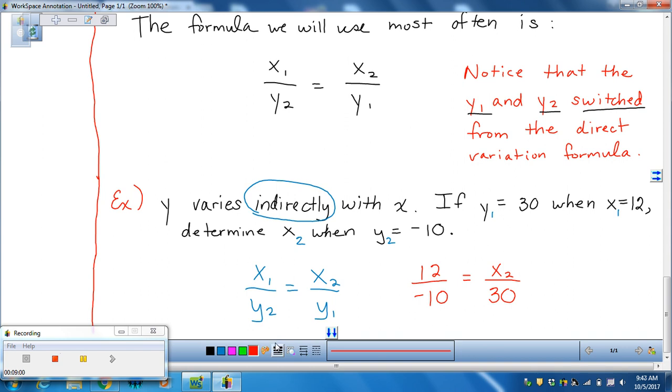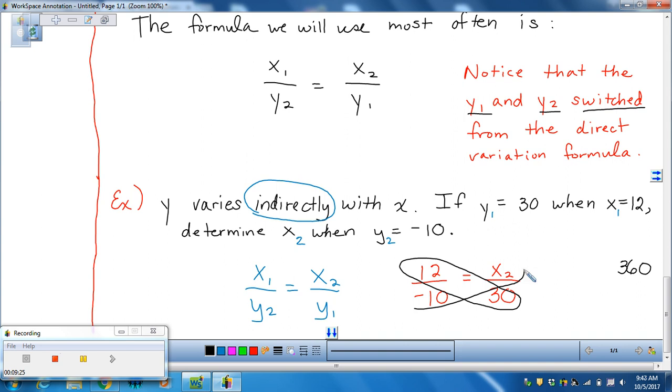Okay, once I've plugged them in, now we're just going to follow the rules for solving a proportion, which is we're going to cross multiply. 30 times 12 is 360.